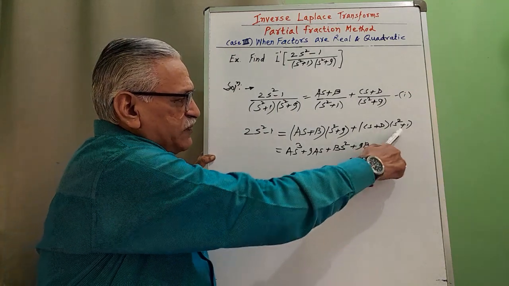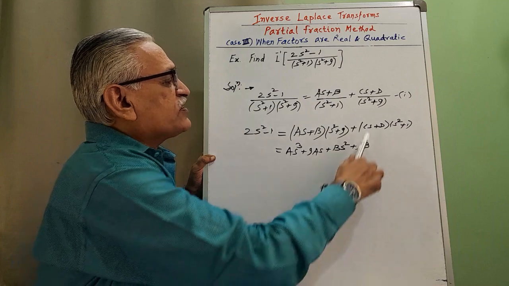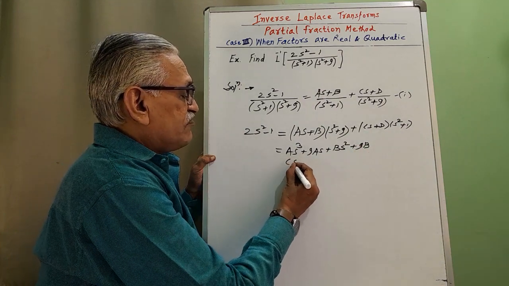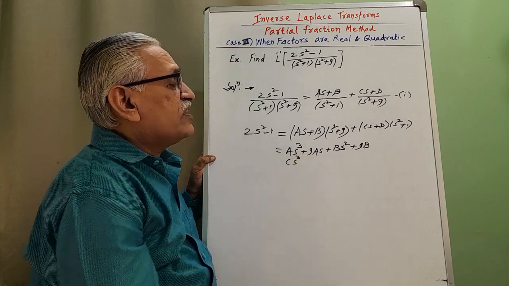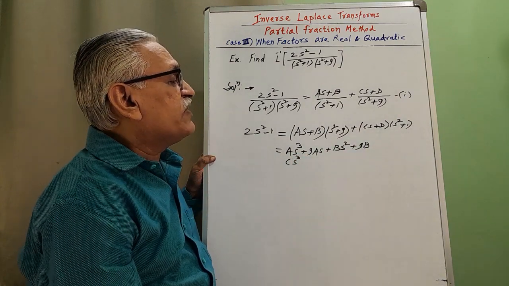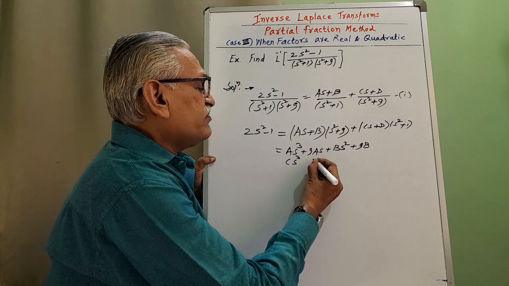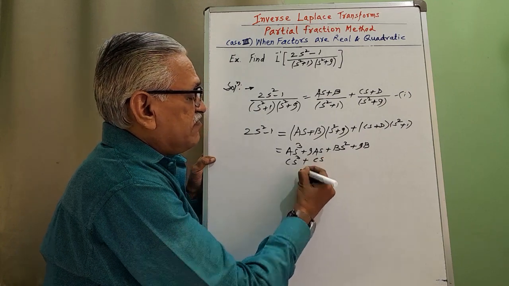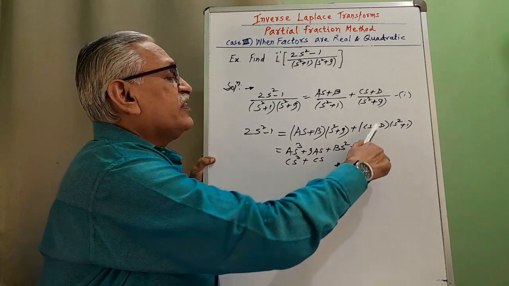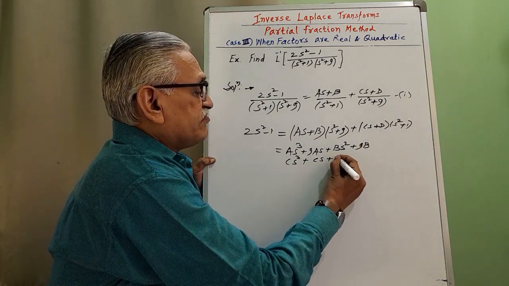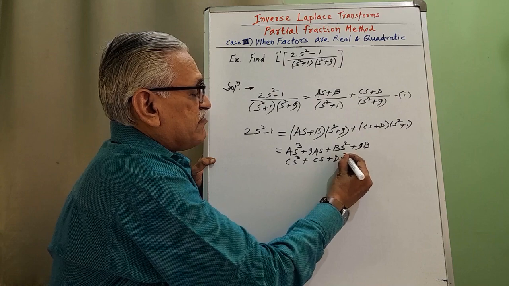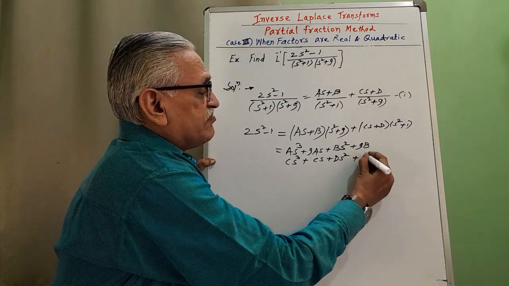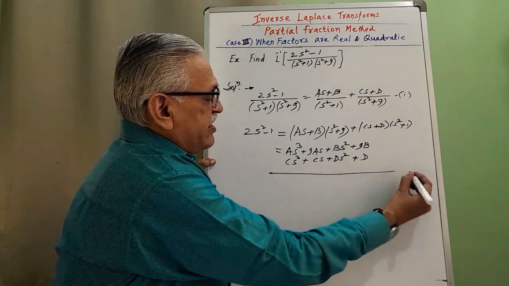Then we multiply these two brackets. First term is Cs³, then Cs into 1 means it is Cs only, then Ds², and then D into 1 means D. And then adding these two equations.